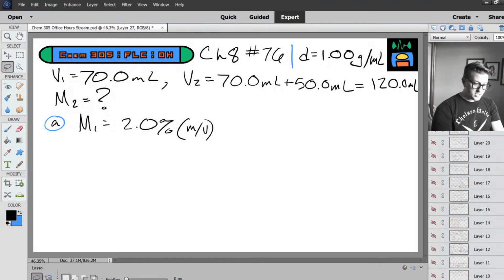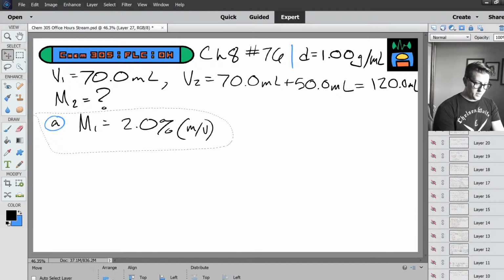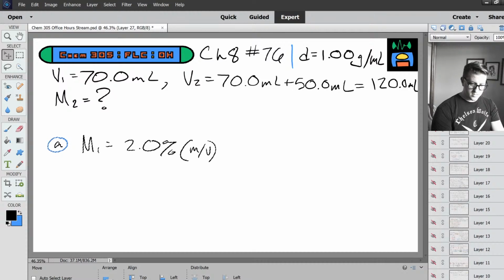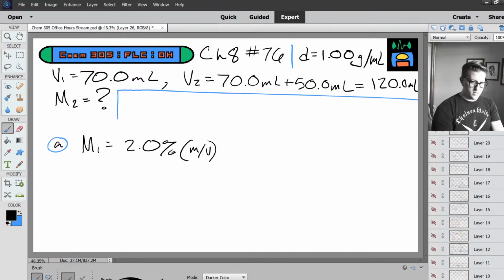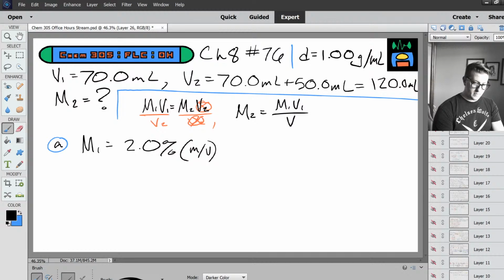One of the cool things about this problem is the algebra is going to be the same every time. We have M1 V1 equals M2 V2, and they want us to find M2 every time. So we can just knock our algebra out at the beginning: M2 is equal to M1 V1 over V2.